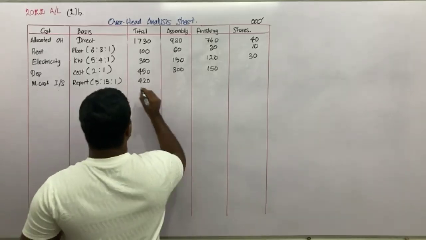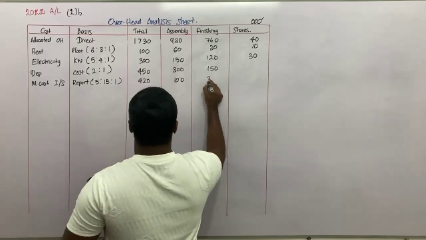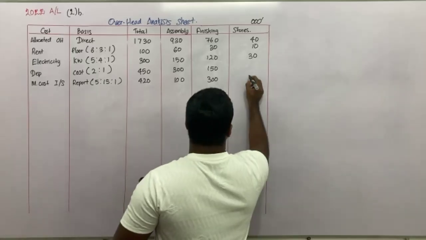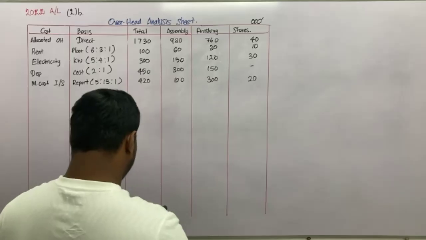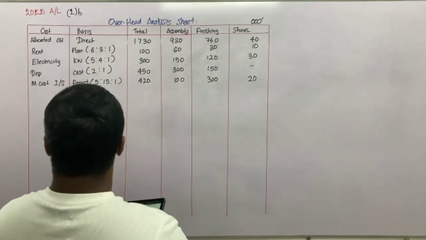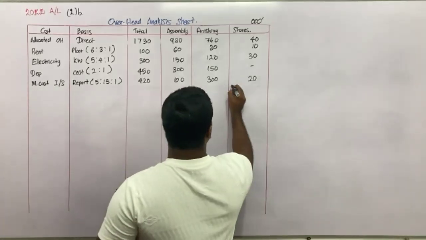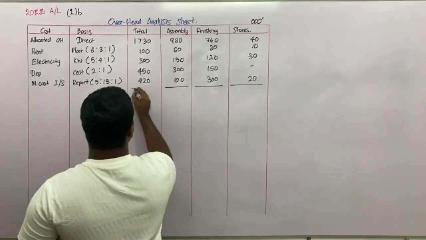Okay. So yes, that will be 100, 300 and 20. Okay. So this will be our primary distribution. After the primary distribution, we have to sum it up.